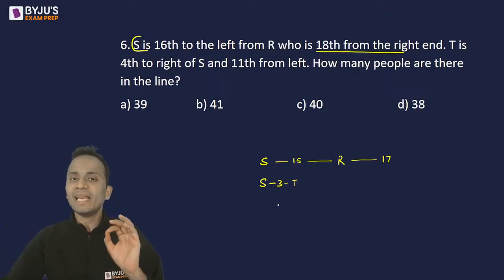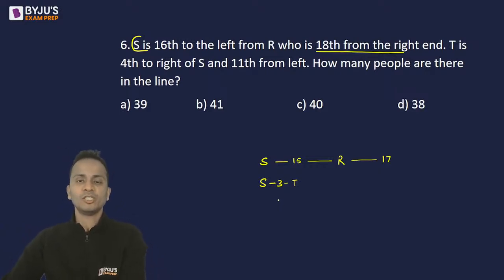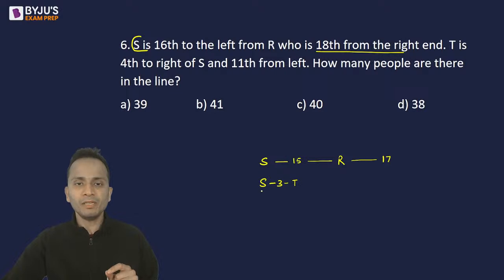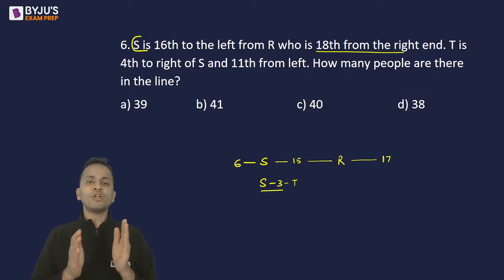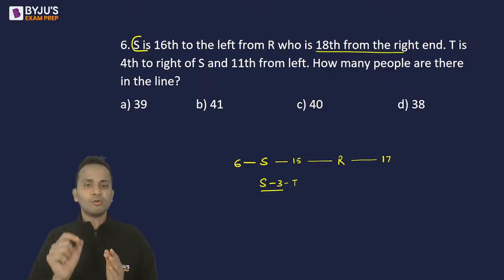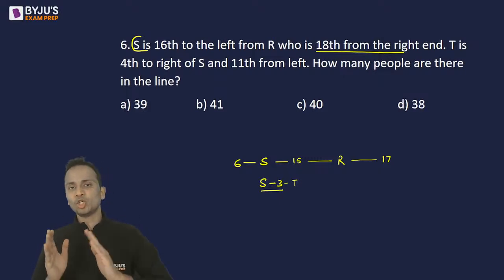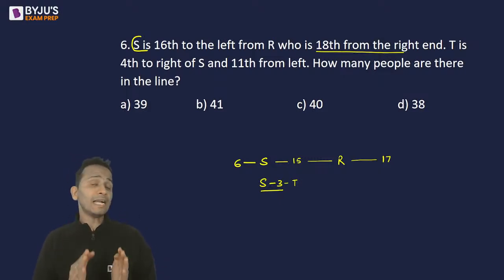Now T is 11th from the left, so that means there should be 10 people on the left of T. These include 4 including S, so that means there should be 6 more people on the left hand side of S. One is S and 3 more people, that makes 10 people to the left of T. That means T is 11th from the left.